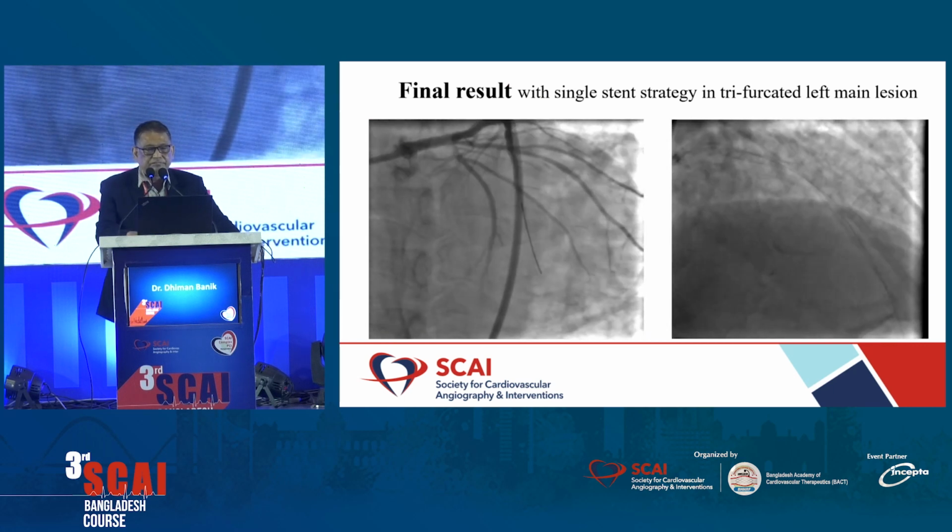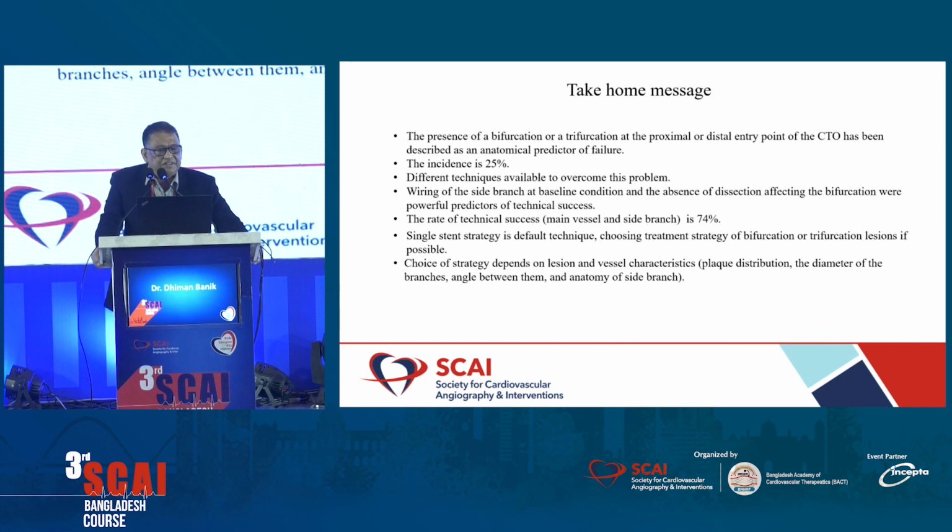So the take-home message: the presence of a bifurcation or trifurcation at the proximal or distal entry point of the CTO has been described as an anatomical predictor of failure. The incidence of failure is about 25%. Different techniques are available to overcome this problem. Wiring of the side branch at baseline and the absence of dissection affecting the bifurcation were powerful predictors of technical success.